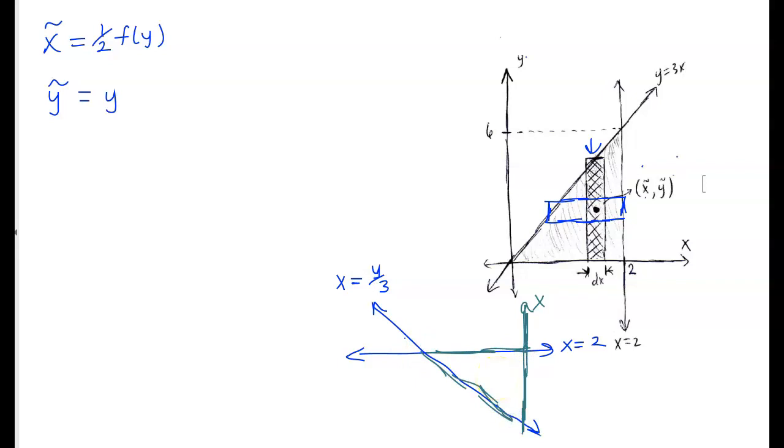Now, if I go ahead and draw my horizontal strip, which is now going to be vertical if I draw it like this, it's going to look like this now.